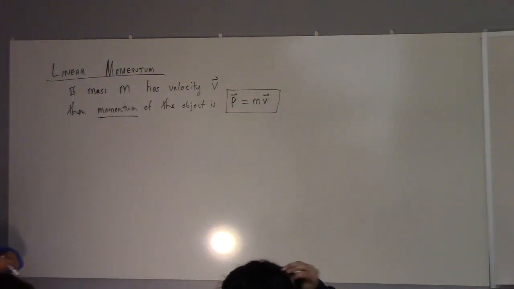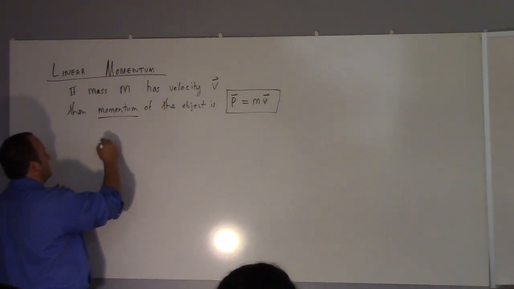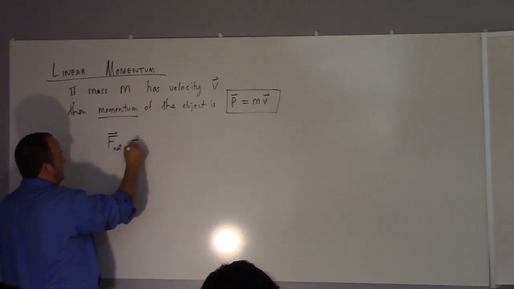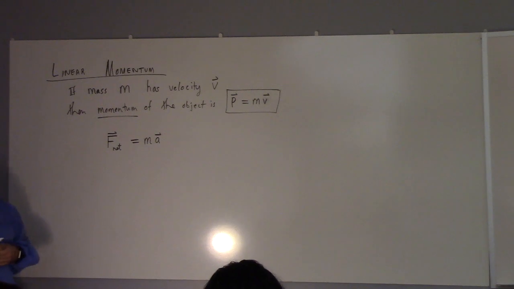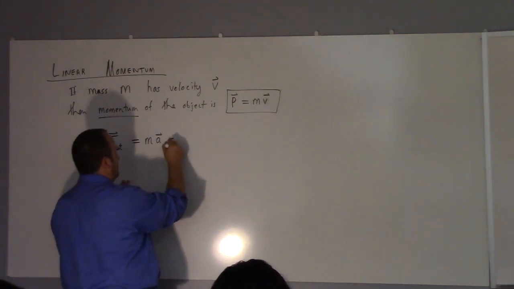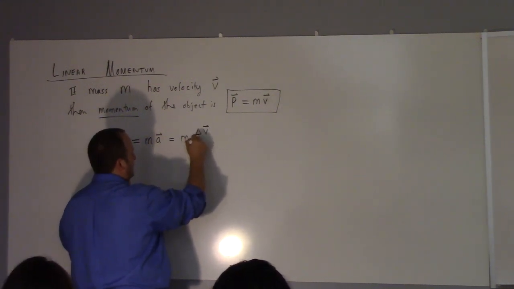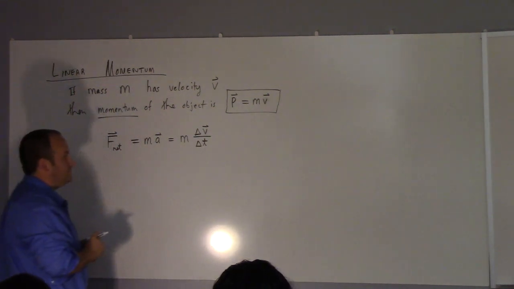Let's see what momentum has to do with Newton's equations. What's Newton's second law say? It says that the net force, right, is equal to the mass times the acceleration vector, right? What's the acceleration vector equal to? It is equal to the change in the velocity vector divided by the change in time, right?